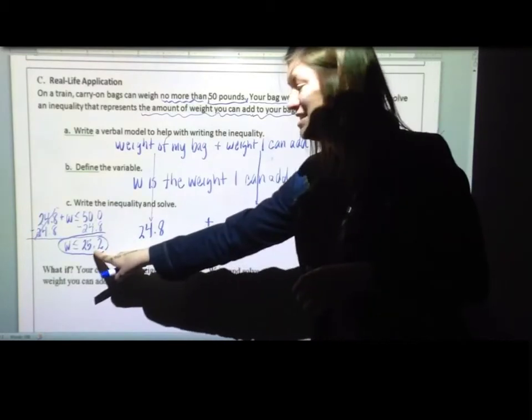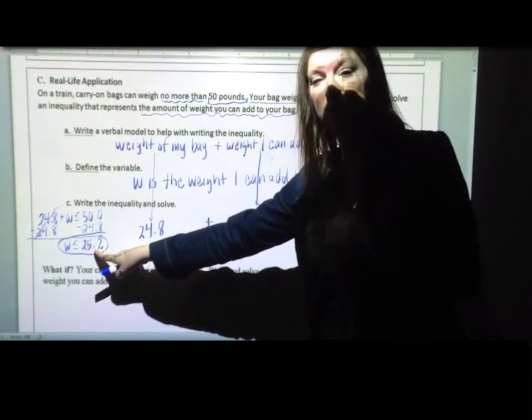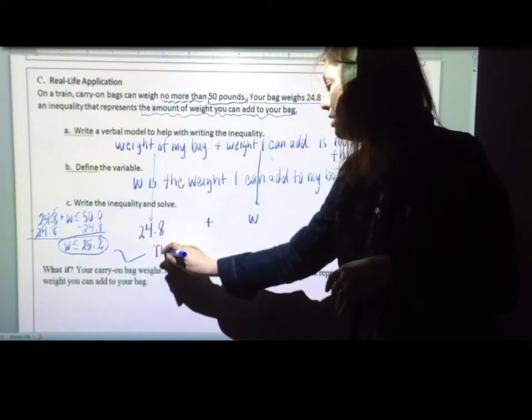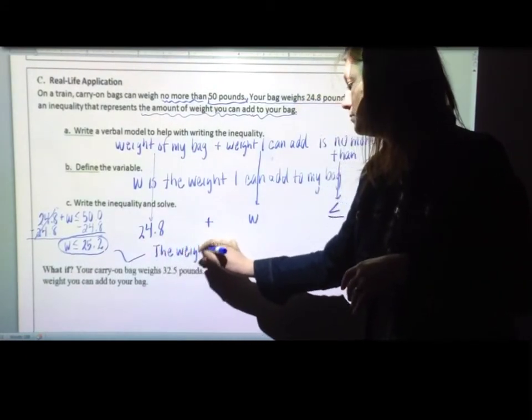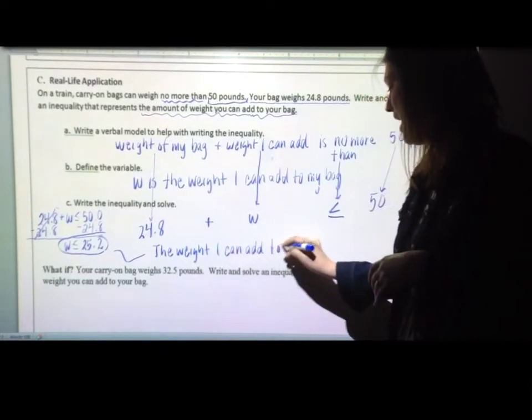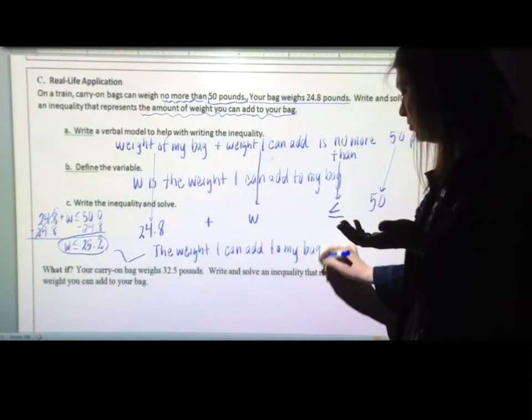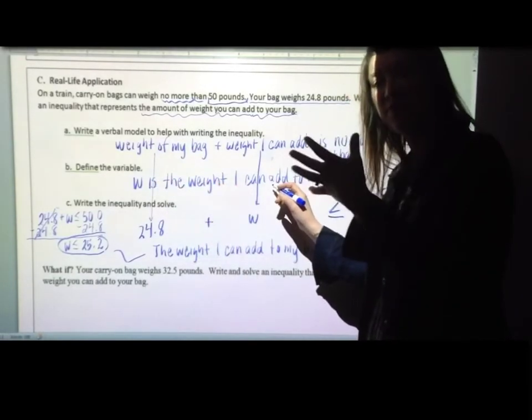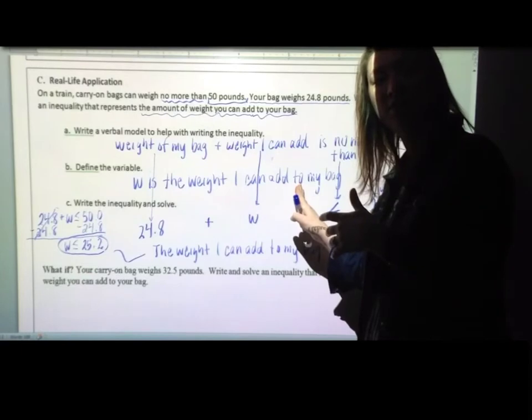So this is not a final answer to a prompt. If it starts with a sentence, you end with a sentence. So you can say, the weight I can add to my bag. Now, where did I get that? Nice enough, I've already written that sentence. You don't have to think. You're solving for the variable, and you've already written the variable in words.